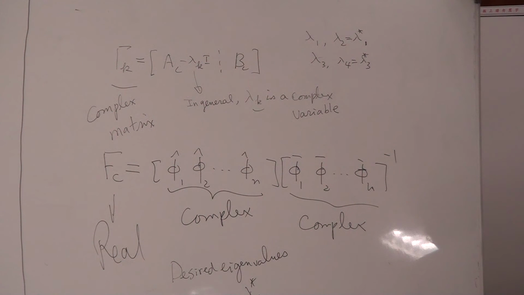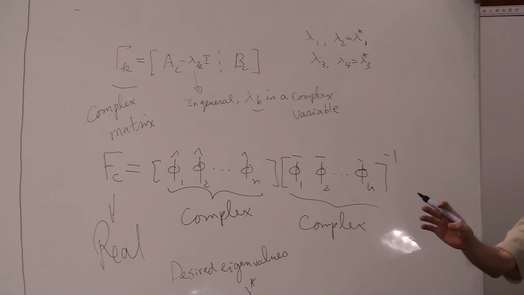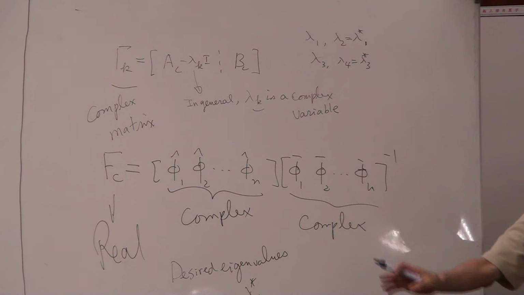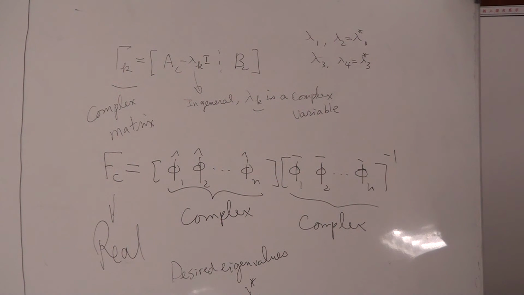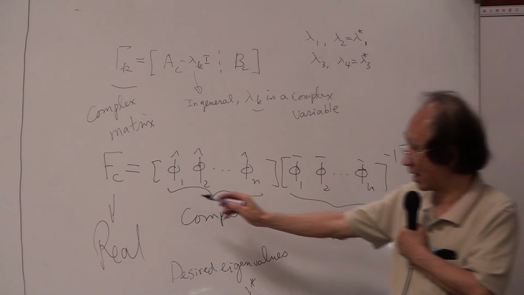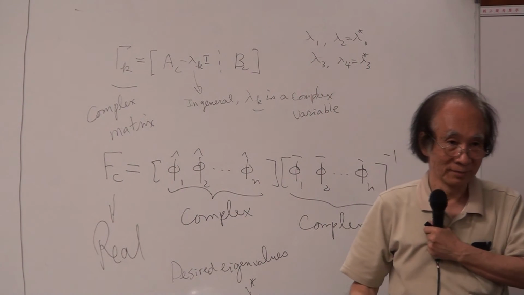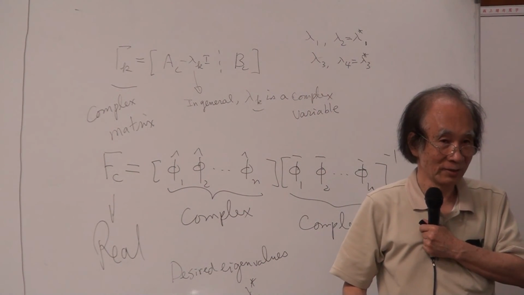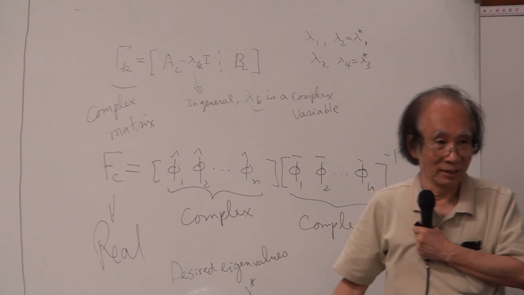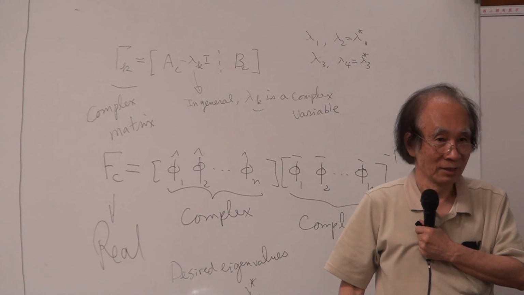All right? Closed loop eigenvalues cannot have a complex one alone without its complex conjugate in that closed loop system. That's because that has to be real. If you have a complex gain in your closed loop system, you cannot implement it.